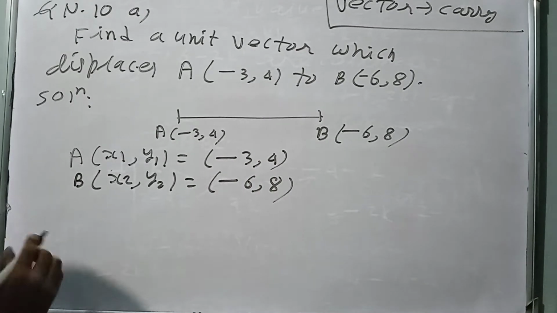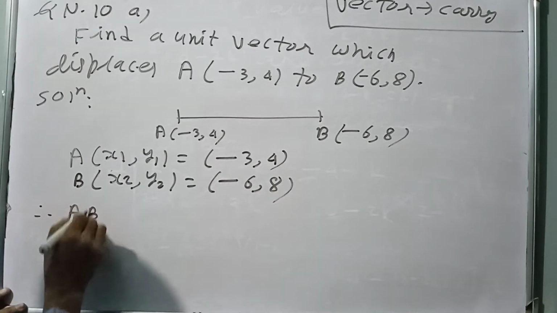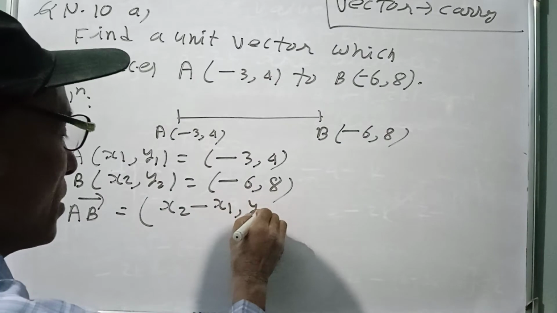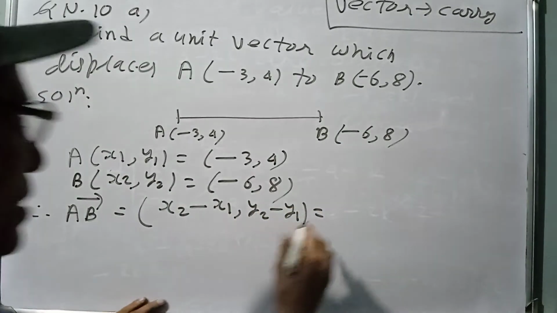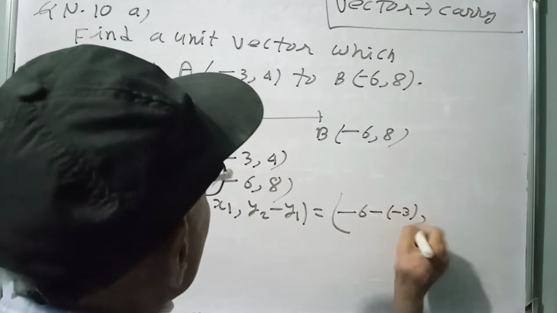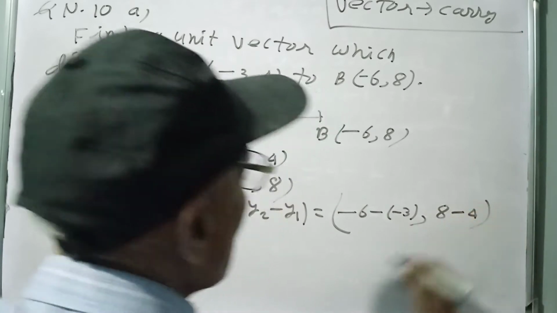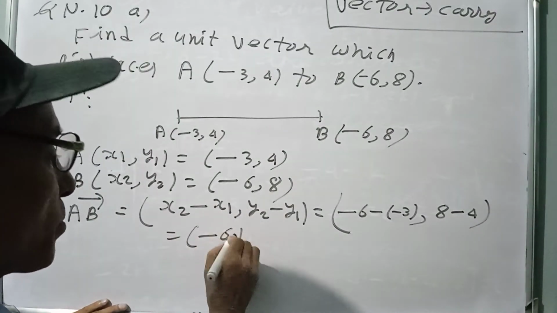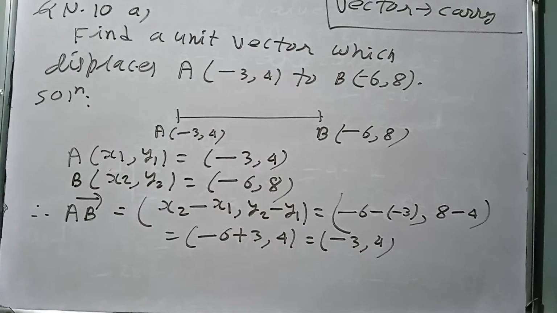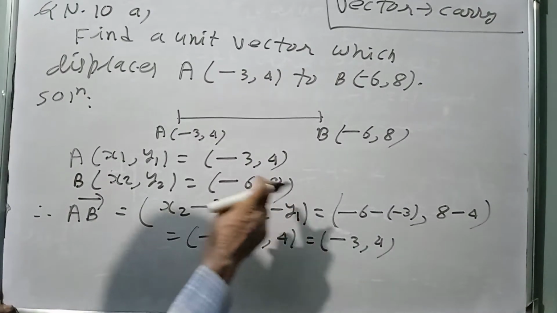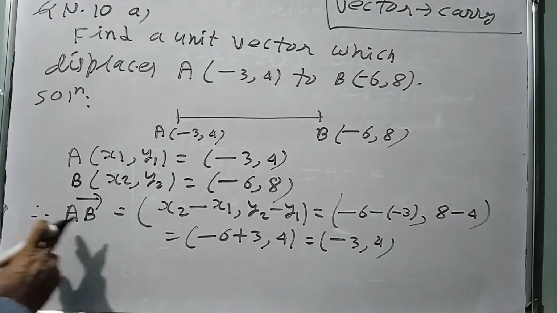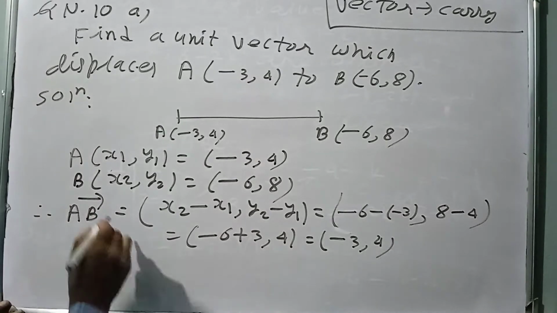To find the vector, first of all find vector AB, which by definition is x2 minus x1 comma y2 minus y1, equal to minus 6 plus 3, 4. It means minus 3, 4. So minus 3, 4 is the vector which displaces minus 3, 4 to minus 6, 8. Then what to do? To find the unit vector, you have to find the modulus.